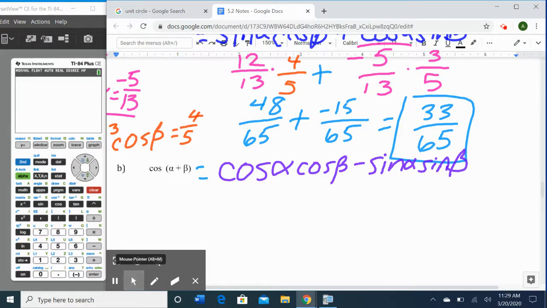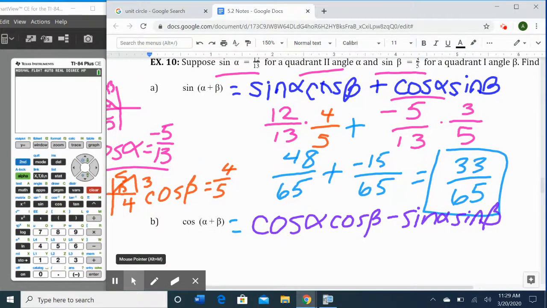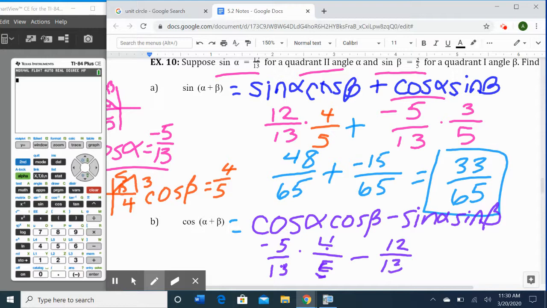Let's go back to the previous problem to find my pieces. The cosine of alpha is negative 5/13. The cosine of beta is 4/5. Minus, because the formula is subtraction, the sine of alpha, which the problem tells me is 12/13, times the sine of beta, which the problem tells me is 3/5.